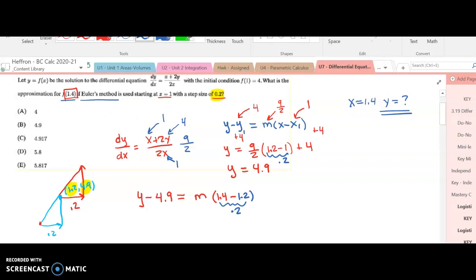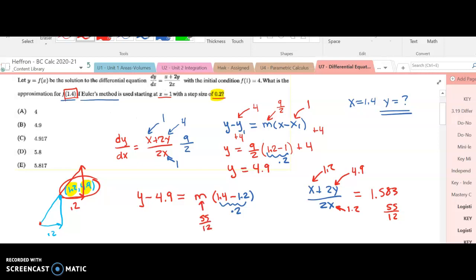My m I have to calculate, (x plus 2y) all over 2x, and this time I'm going to use the point I'm starting with right here. 4.9 is my y, my x is 1.2, and my x is 1.2. So this time, that slope is 4.583 dot dot dot. I turned it into a fraction, 55 over 12, just so that I could use it exactly.